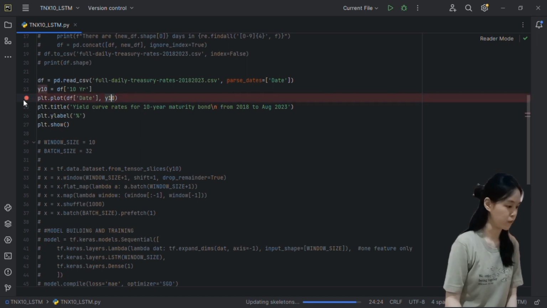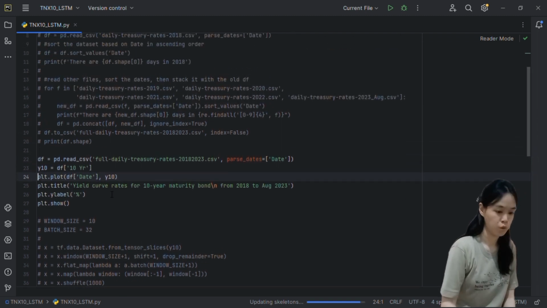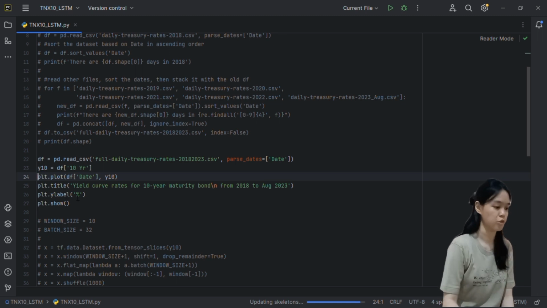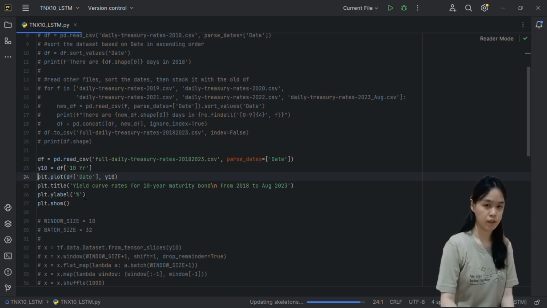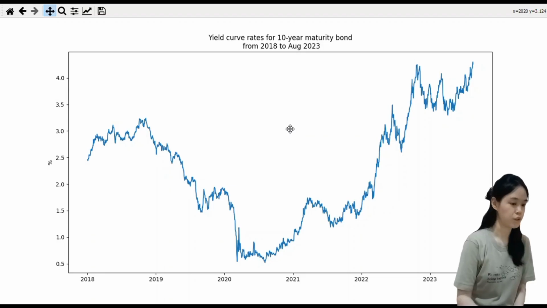And the rest of them, from line 25 to line 27, you only annotate, give the title and then the y label. Since the yield rate is in percentage, that's why I give it as percentage. And then you can just show it. Okay, so here's the time plot.